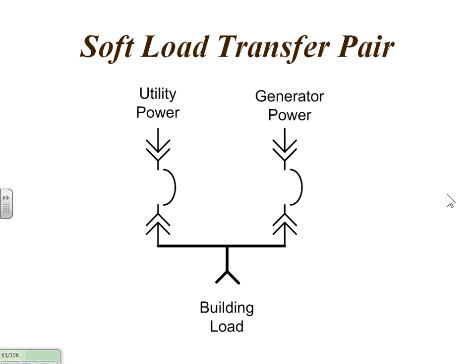And then we open the generator breaker and it times down. The advantage again is the load doesn't know anything happened after we're on the transfer back. I mean, we put Granite's meters on the output to see what the interruption looked like, and it didn't see anything. So that's why they call it a soft load. Load doesn't know anything happened.